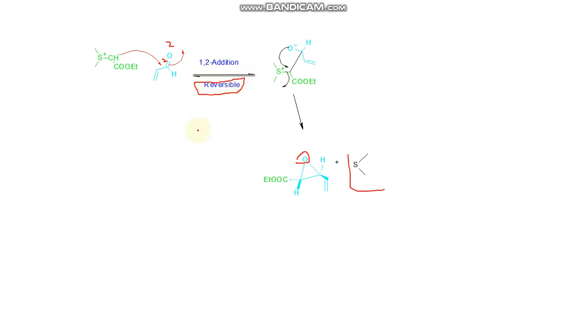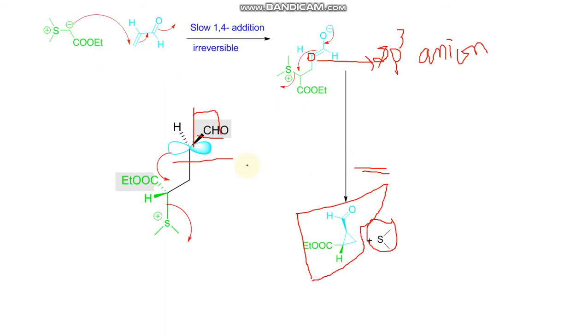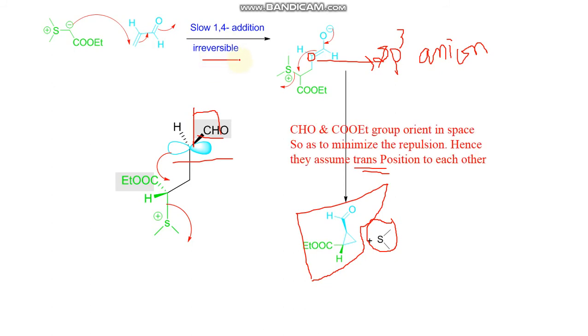So 1,2 addition will not happen because it is reversible, and expulsion of the halide from the intermediate is also more likely. However, for the 1,4 addition case, the step is irreversible. That's why this is the major product.